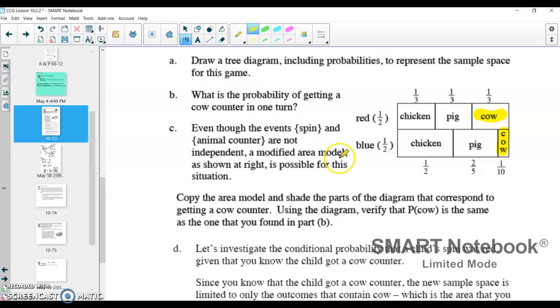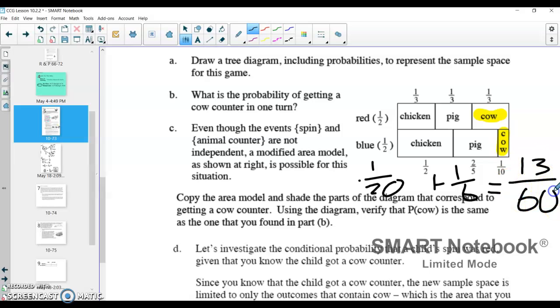And like we did in an area model, you kind of just multiply in your boxes here. And so if you want blue cow, you have to multiply 1/2 and 1/10, which we did before already, but we're going to do it again. 1/2 times 1/10 is 1/20. And then to get the cow up here, you'd have to do 1/2 times 1/3, which is 1/6. And so you'd get the 1/20 plus 1/6 again, which would be the same thing, 13/60ths as before.